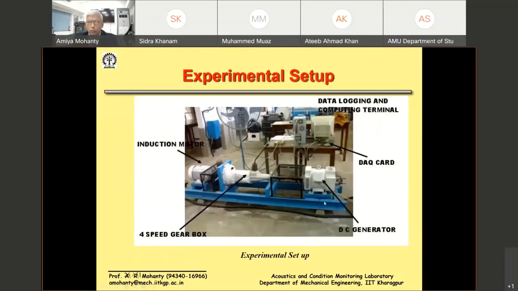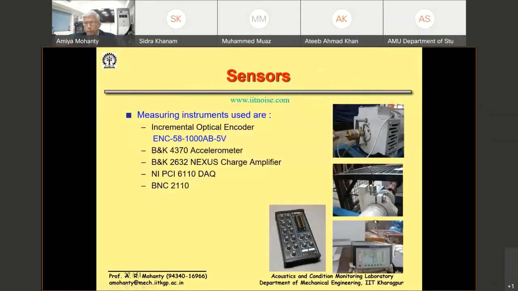And if you see here, at the end of the generator, this is the gearbox motor cover, and at the end of the generator, I have put the encoder, and then we have the data acquisition unit, which will collect the pulses.